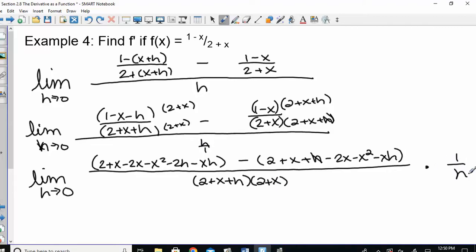This is divided by h. Could I write times 1 over h so I don't have a fraction and a fraction anymore?